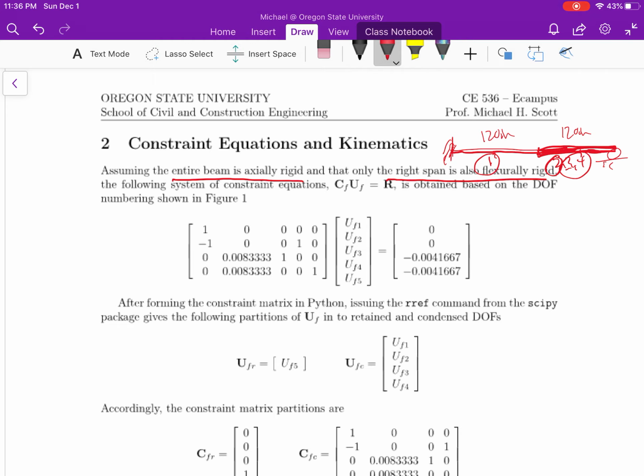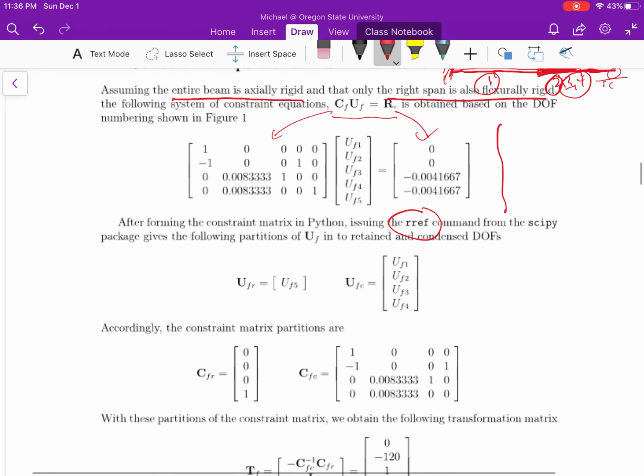Okay, but in doing so, with those constraints, we can show that the system of constraint equations is given here, where this is the constraint matrix CF, and this is the right-hand side vector R, which is owing to the support settlement at the right support. Okay, so after loading this into Python, and then using RF and some other operations, we can show that there's only one retained degree of freedom.